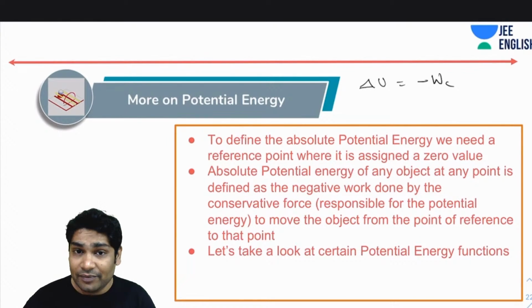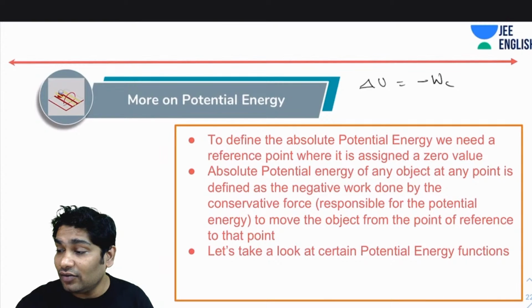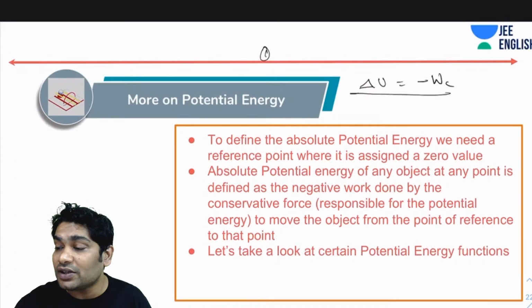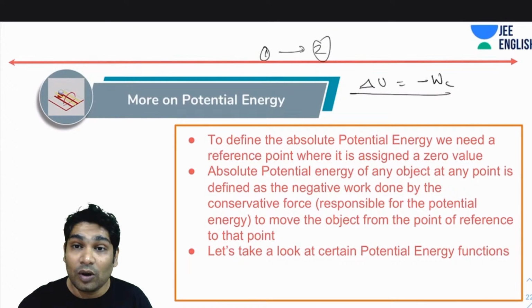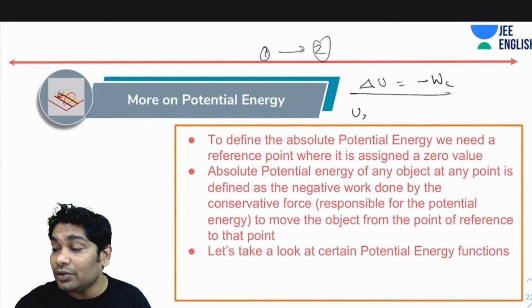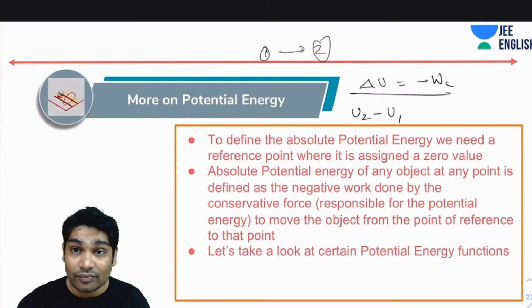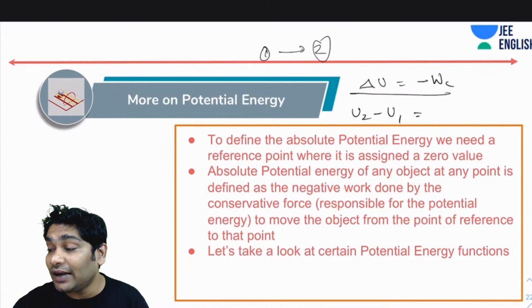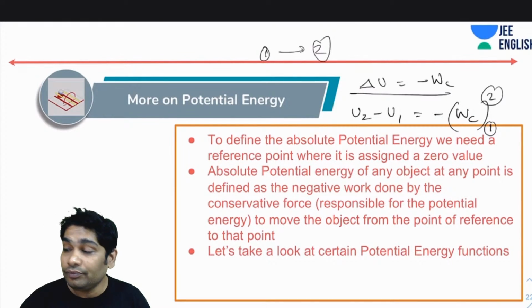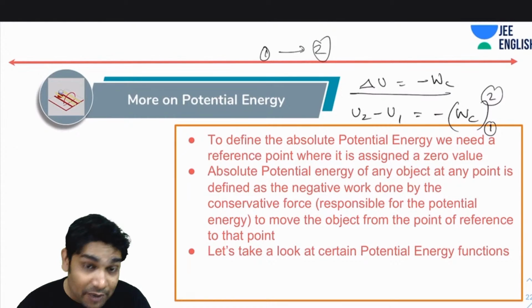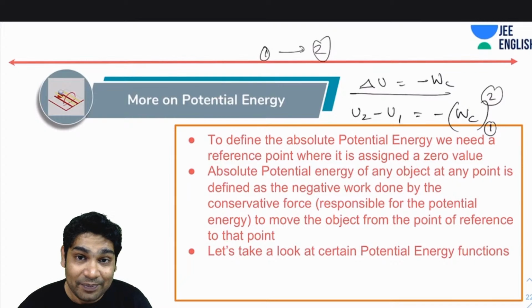Let's say I am bringing an object from position 1 to position 2. Delta U would be U2 minus U1, and this will be minus the work done by the conservative force in moving from 1 to 2. So I can always define the change in potential energy easily.